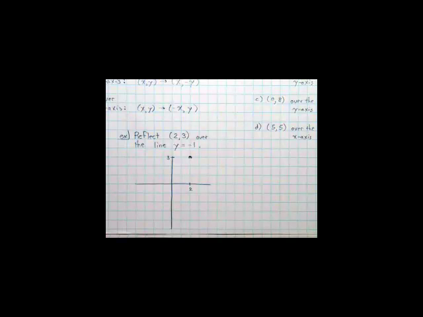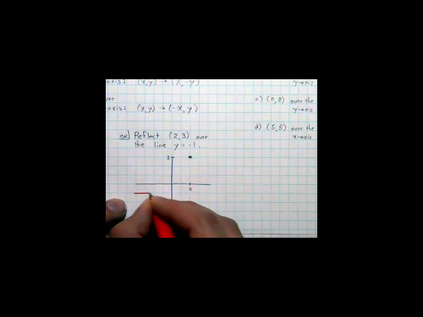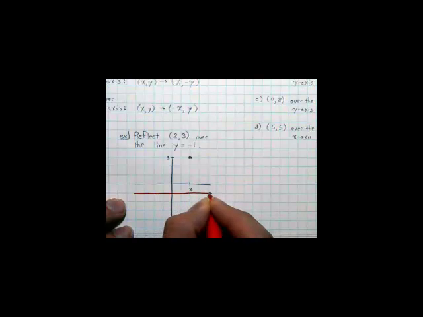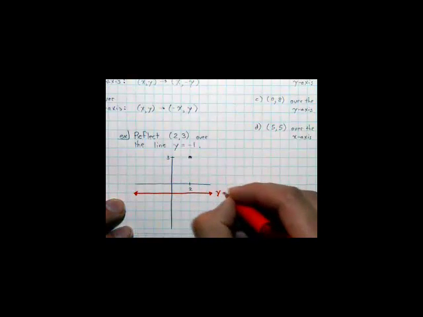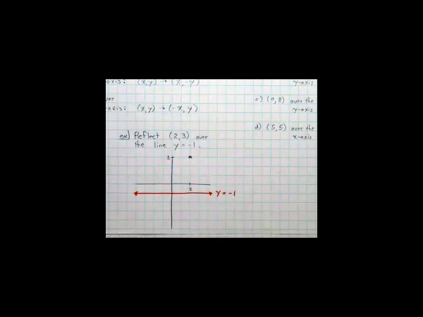Exactly. It's a horizontal line at negative 1. It's down here. So that's the line of reflection. Not the x-axis, not the y-axis, but that line right there.